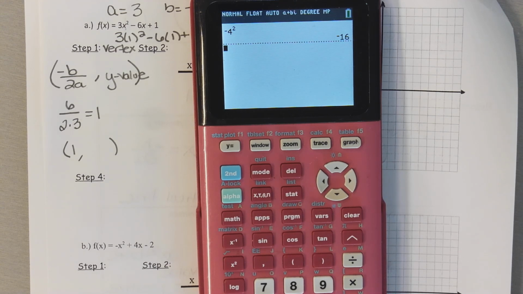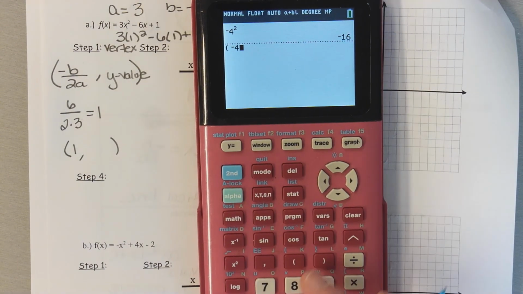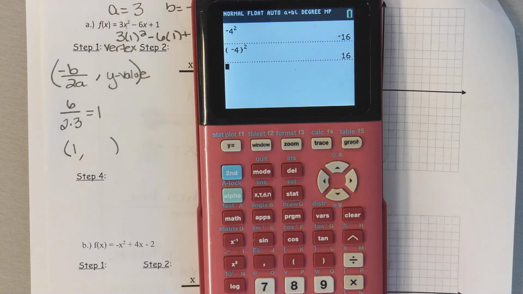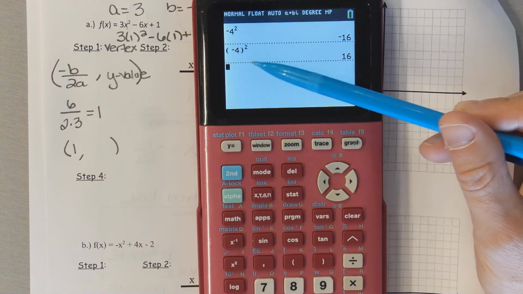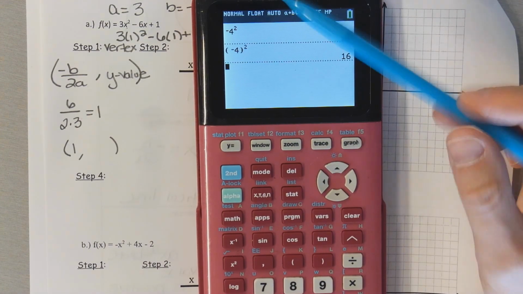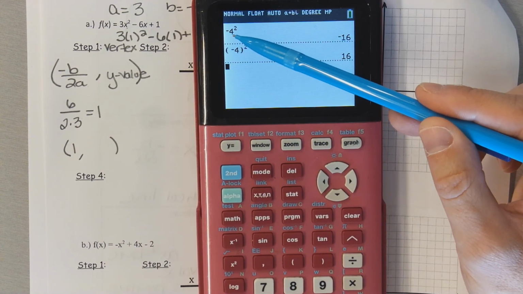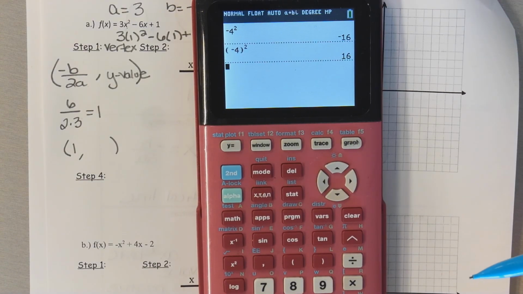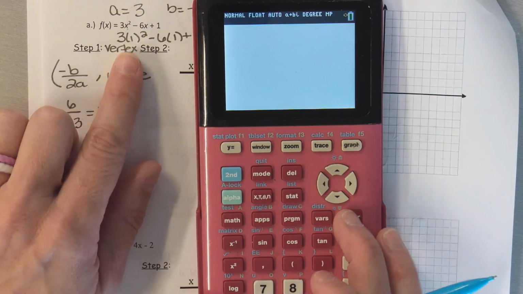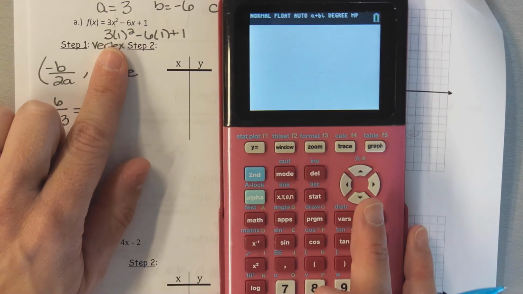Is that really what I want, though? No. I want -4 times -4, I want +16. So you have to put it in a parenthesis house. Otherwise, your calculator is going to say, oh, let me square that 4 and then reattach the negative. That's how it interprets that. So make sure when you plug in, use a parenthesis house.